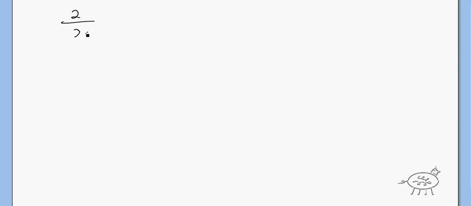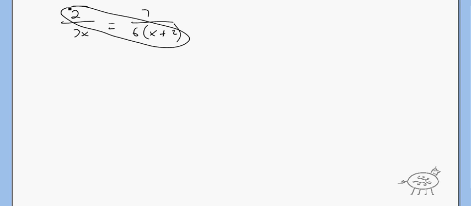2 over 3x is equal to 7 over 6 parentheses x plus 2. Again, don't cross cancel, cross multiply. So we get 2 times 6 parentheses x plus 2 equals 3x times 7, which is 21x.